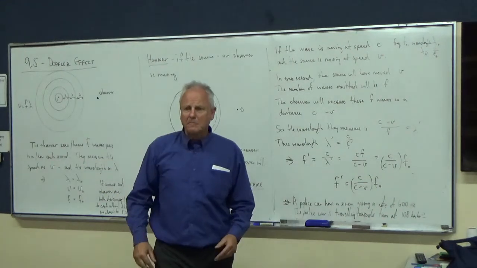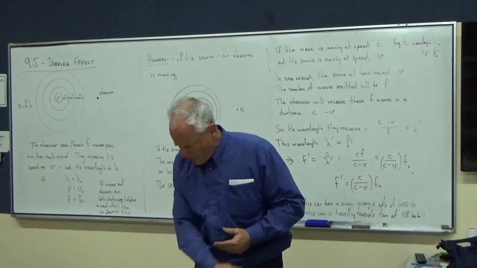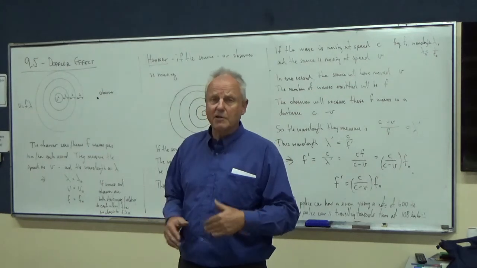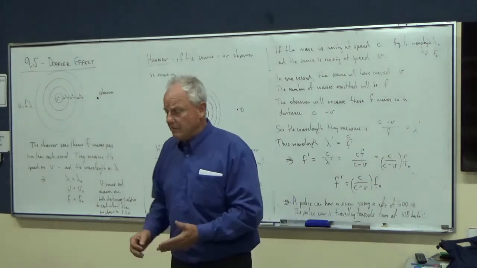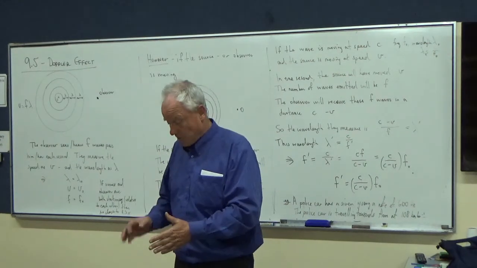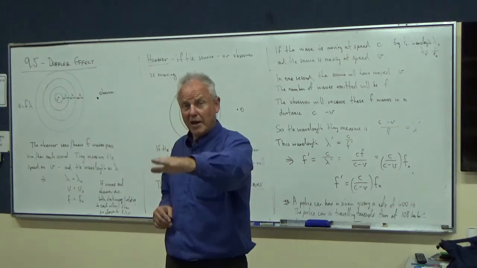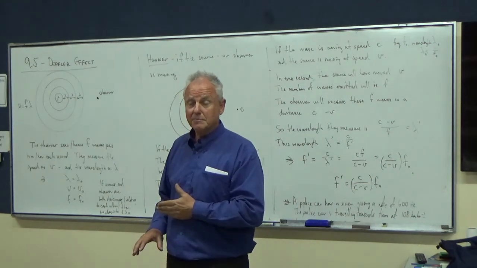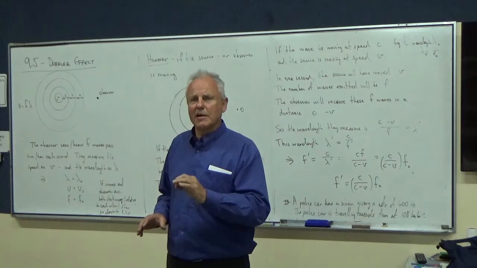Someone sitting over there could watch the waves coming towards them, and measure the wavelength, the frequency and the speed, and they would get exactly the same answer as I was getting as I sent them. The frequency they measured would be the same as the frequency they were generated at, and the same with the wavelength and the speed.